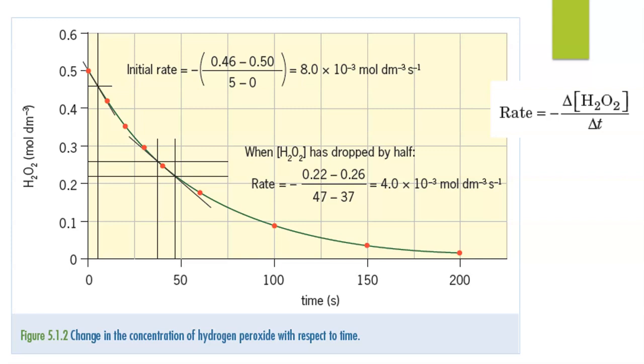We need a negative sign because it's a decomposition reaction, so the concentration of H2O2 is going to decrease over time. And we want to find the relationship between the concentration and rate. This means that we need to compare different concentrations and different rates, and then use a graph to find a few different rates and plot these.